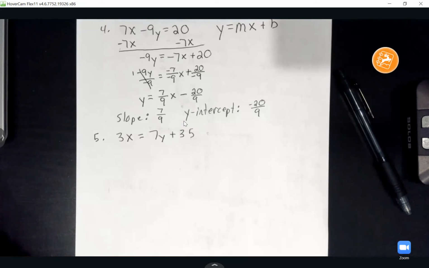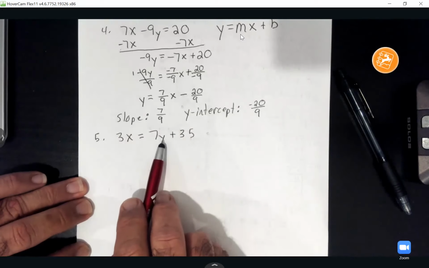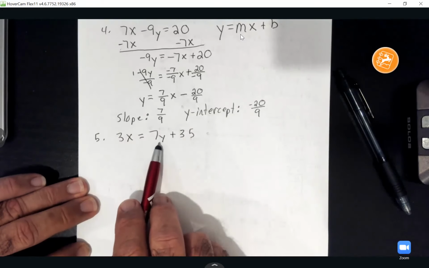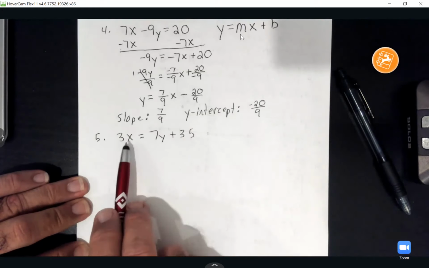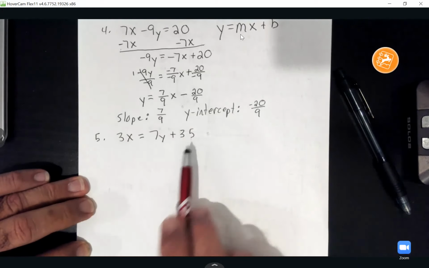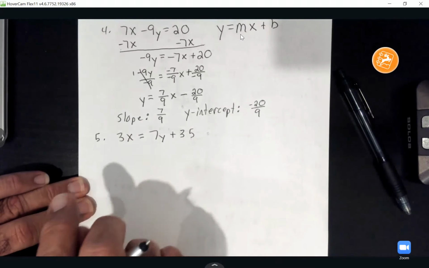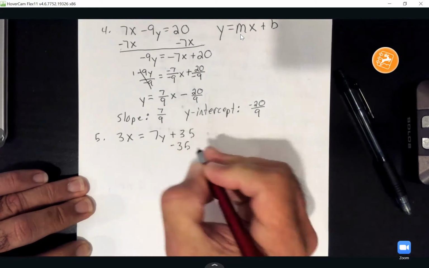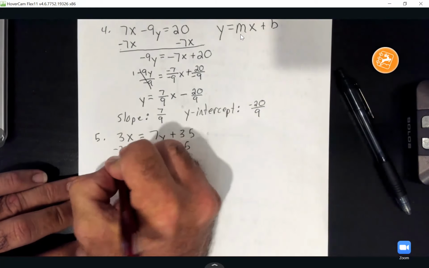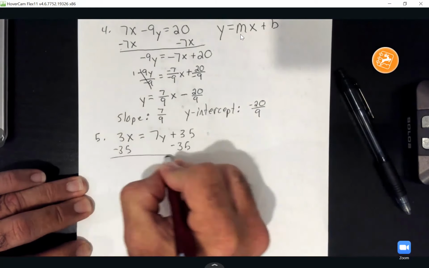So y'all, you could move that 7, but that's going to give you a lot of work because you would have to move the 7 over, then move the 3 x's to the other side. So let me show you a trick. I'm actually going to subtract that 35. Because watch this. Subtract 35 from both sides.